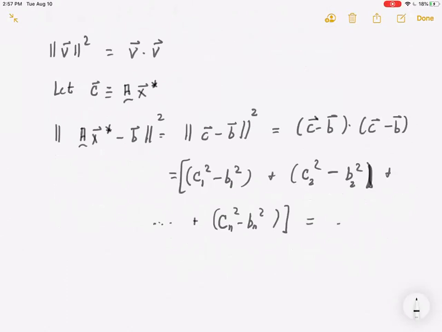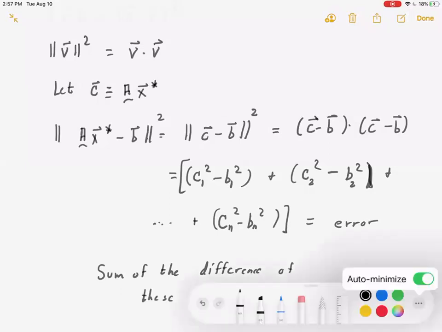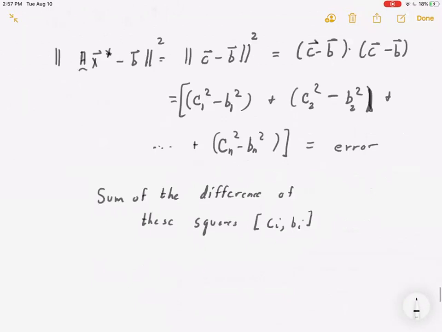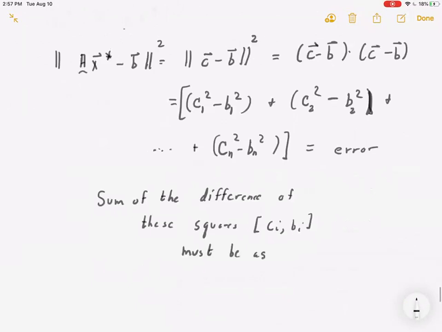And you can see that if you want this error to be as small as possible, which it is, then the sum of the squares of the differences of C sub i and B sub i must be as small as possible.